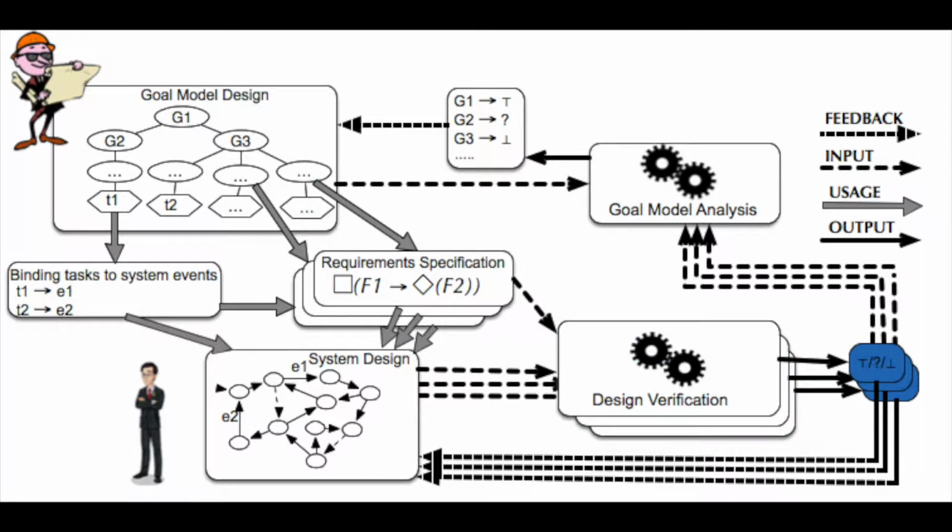Since the model of the system is incomplete, the verification procedure can produce three different values: true, if the property is satisfied; false, if it is not; maybe, if the satisfaction of the property depends on how the incomplete model is refined. Cover uses the results obtained in the design verification to trigger the goal model analysis. The results obtained after the goal model analysis are used by the designer to reason about the impact of her or his design choices over the goal's satisfaction.